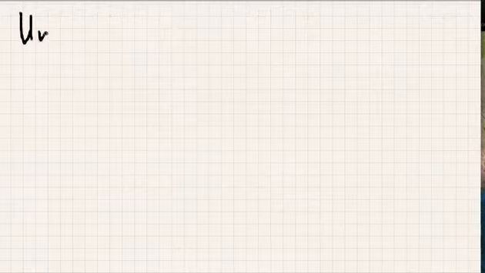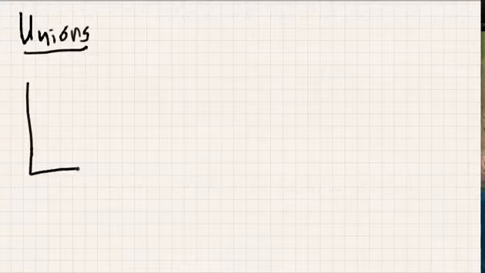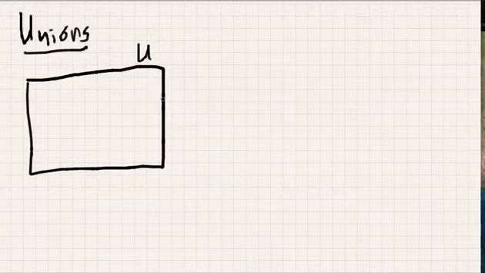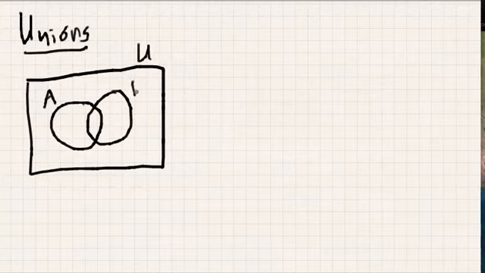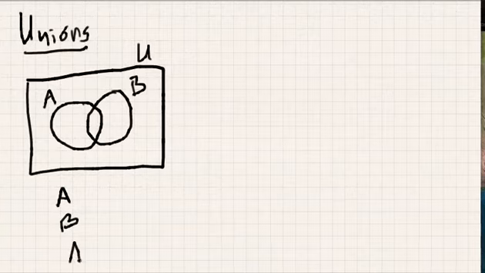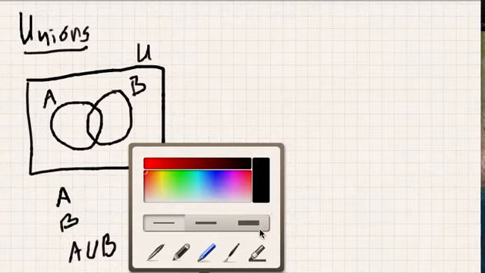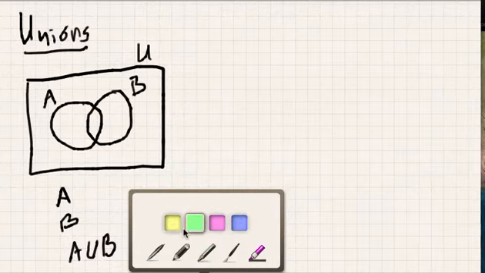Venn diagrams give us a good way of visualizing, say, unions. If I'm going to draw a Venn diagram, again, I like to draw my universal set there, although it's not entirely necessary. These are two sets, A and B. I'm going to shade A in one color and B in another color, and then A union B is going to be the combination of the two.